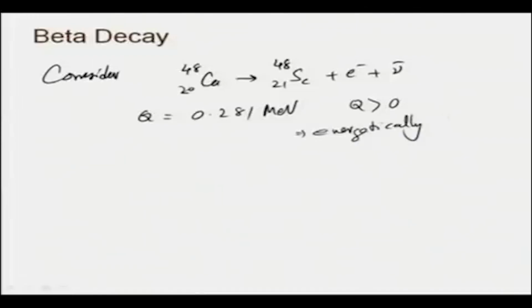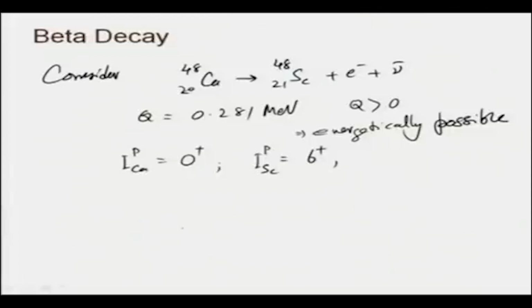Okay. But the I P value of calcium 48 is 0 plus, and scandium 48 I P is 6 plus in the ground state.